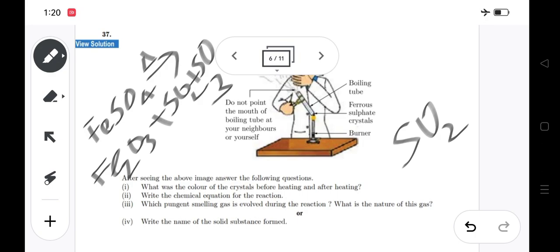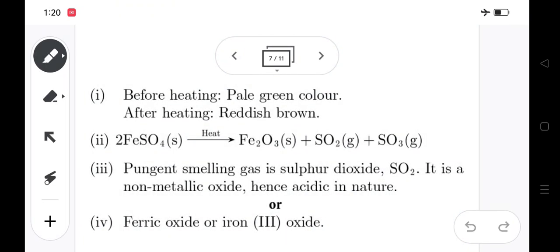So during the reaction, ferrous sulfate is converted to ferric oxide. So that is the solid formed. See, this is the answer. Ferric oxide. Before heating it's pale green color, after heating reddish brown. This is the equation. FeSO4 on heating it gives Fe2O3 plus SO2 plus SO3.